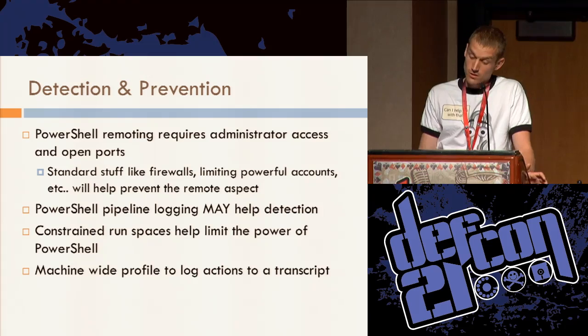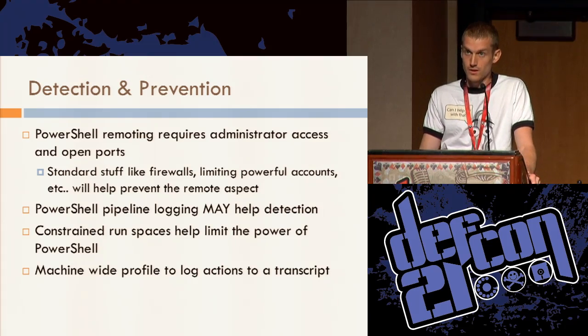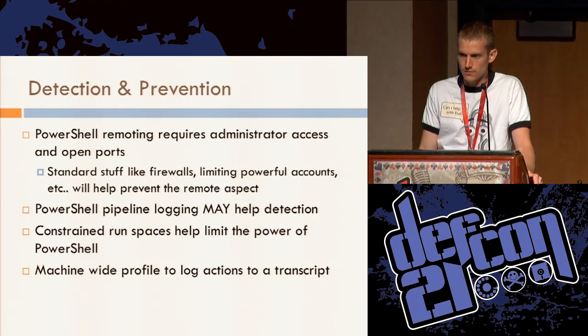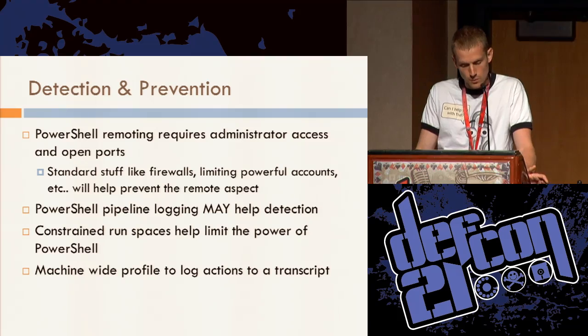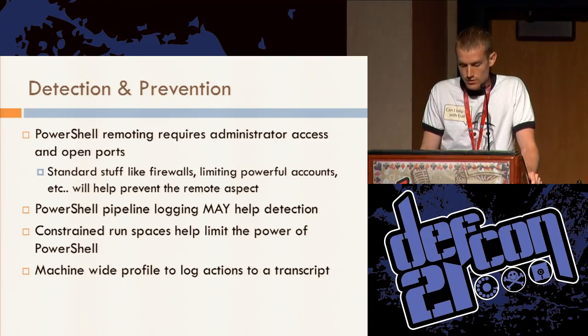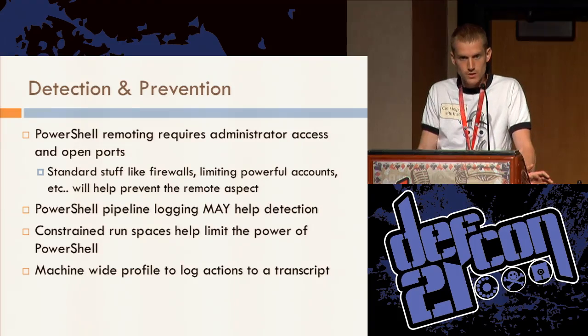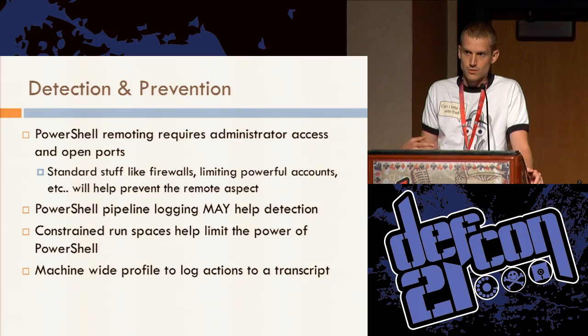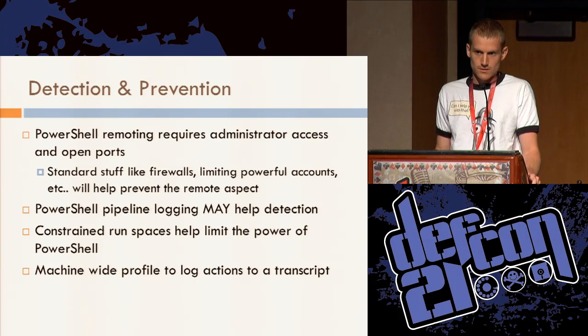PowerShell v3 has pipeline logging, which might help detect this, but it'd be really easy for an attacker to turn it off or clear the logs if they wanted to. And there's also going to be a lot of noise if you actually use PowerShell. Constrained runspaces can help limit the power of PowerShell. So you can say even though someone's allowed to remote PowerShell into the server, there's only specific commands they're allowed to run.